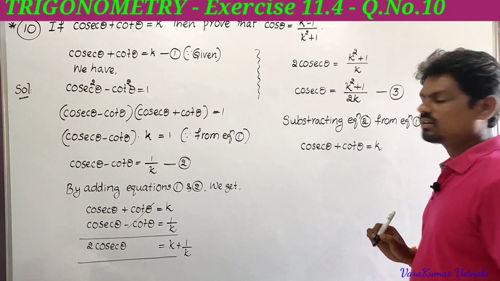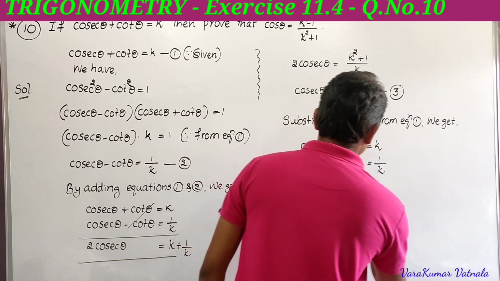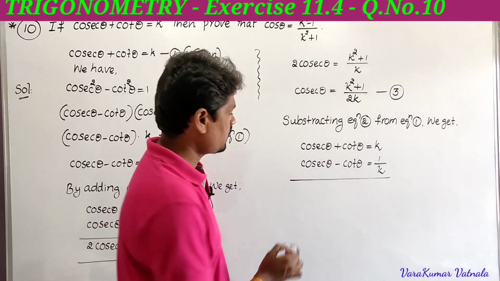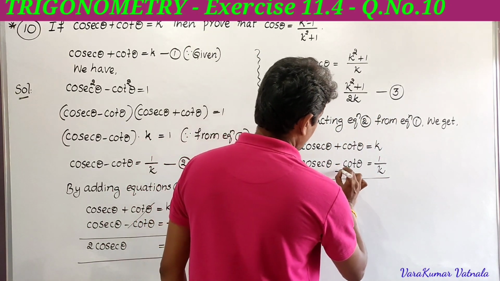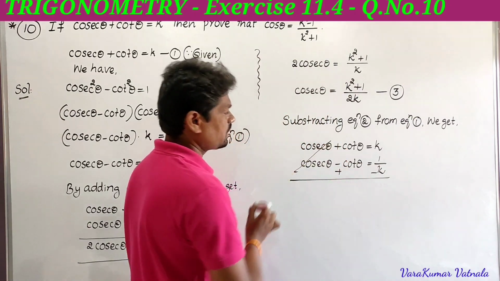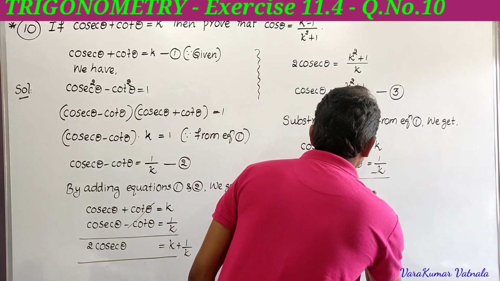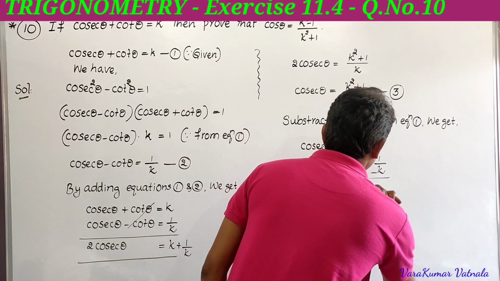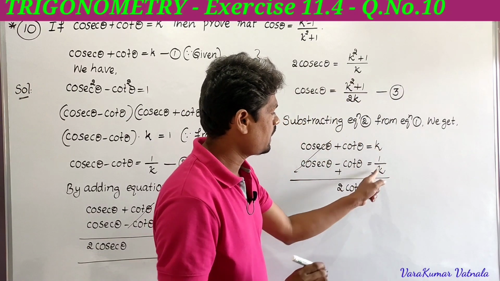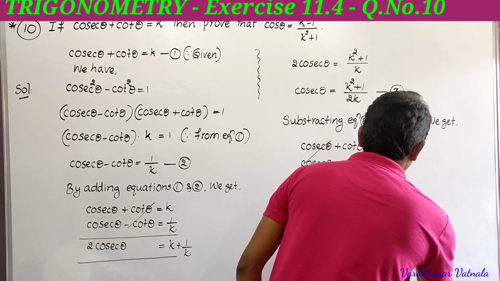Cosec theta minus cot theta equal to 1 by k. So now we have to subtract. Upon subtraction, it becomes minus, it becomes plus, it becomes minus. So cosec theta minus cosec theta gets cancelled. Cot theta plus cot theta, we get 2 into cot theta is equal to k minus 1 by k.